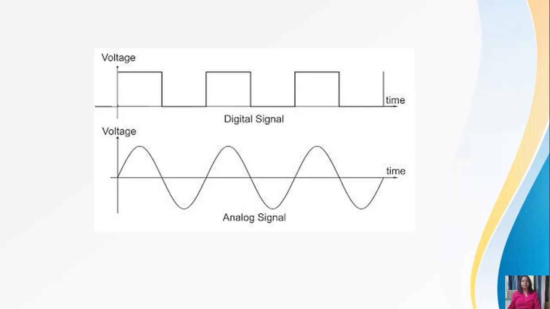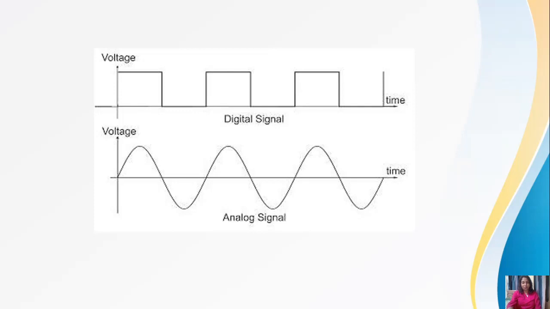It is denoted by V. Horizontal distance between two successive waves is called wavelength, denoted by time period T. Reciprocal of time is frequency, measured in hertz, defined as 1 cycle per second.